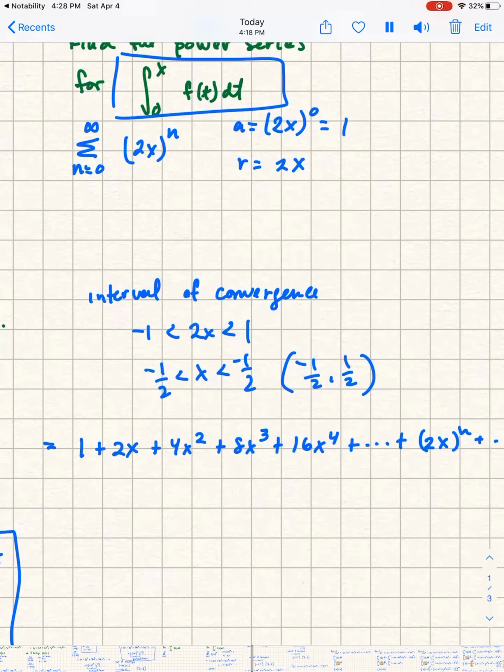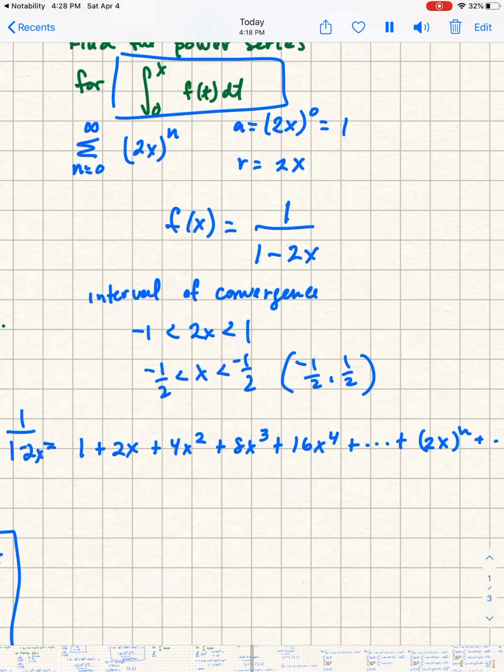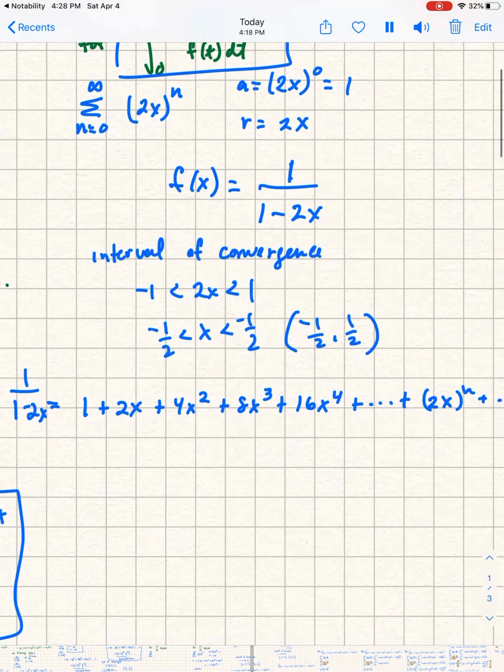You could write this as a function: f of x is going to equal our first term over 1 minus that common ratio, 2x. So this is what our function looks like. What we want to do is take the integral of that function, okay?